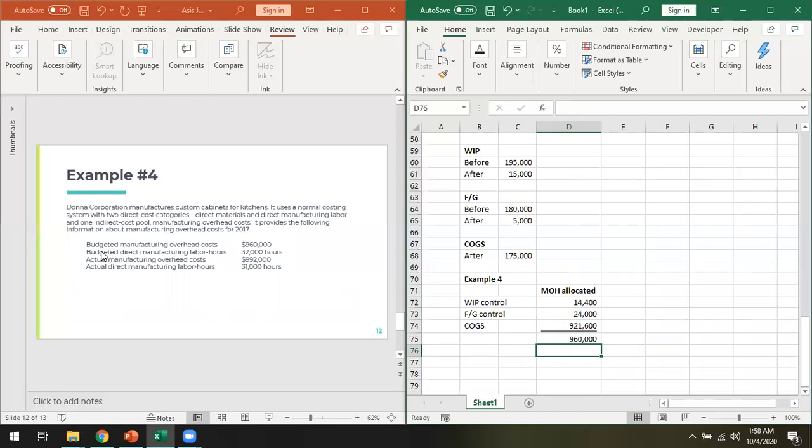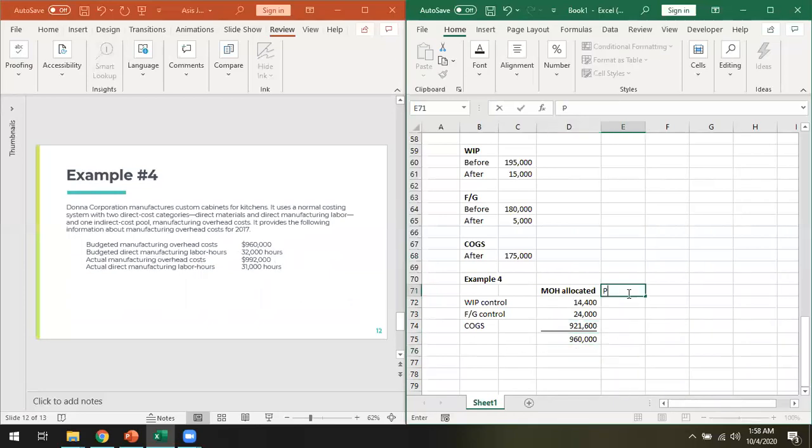The budgeted manufacturing overhead cost is $950,000. You can just look into the question, but if the question doesn't give you the information regarding the budgeted manufacturing overhead cost, then you can calculate it by just summing up these three numbers.